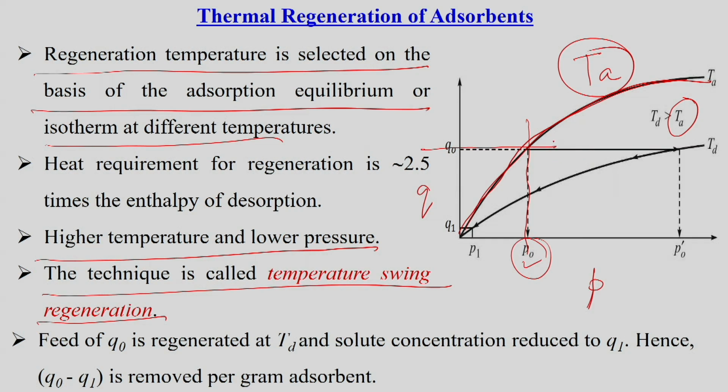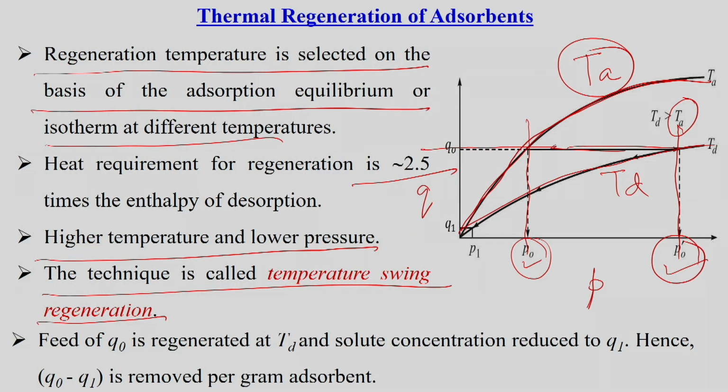suppose we have increased the temperature from Ta to Td, then what will happen? Suppose this is the desorption curve at Td temperature. More of the adsorbed gases will be desorbed, because we have increased the temperature from Ta to Td, which is more than 2.5 times the enthalpy of adsorption value.